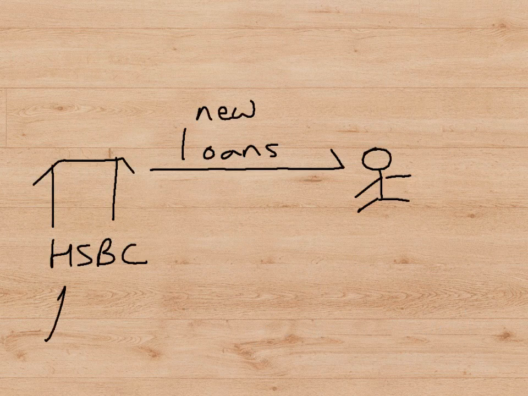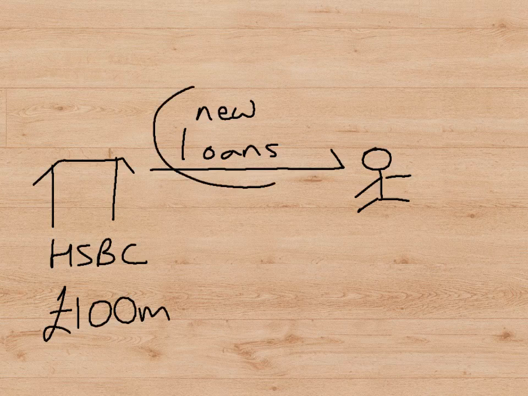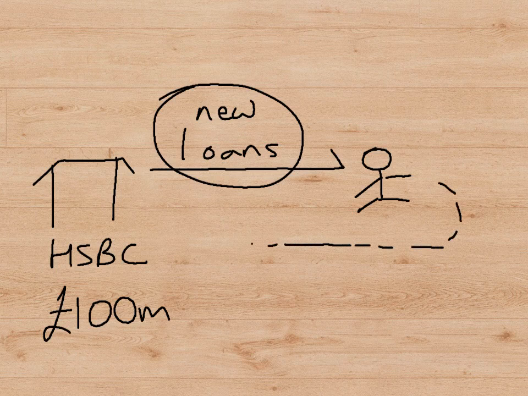So now HSBC has 100 million extra pounds. What's it going to do? Well, it's actually going to start making new loans with that 100 million. And when it makes loans, some of those loans come back to HSBC in the form of deposits.